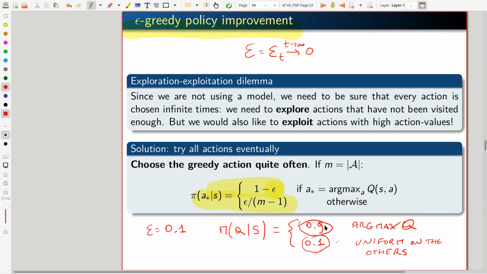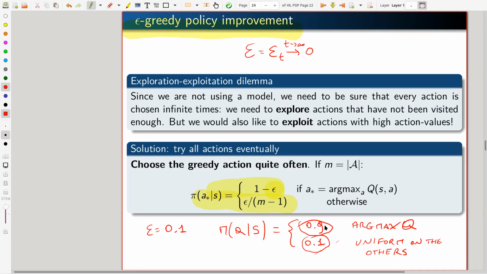So the second-best action has the same probability of being drawn as the worst one. Yes. You can also do what you are suggesting, that is, weighting the actions by their values. This is possible also.